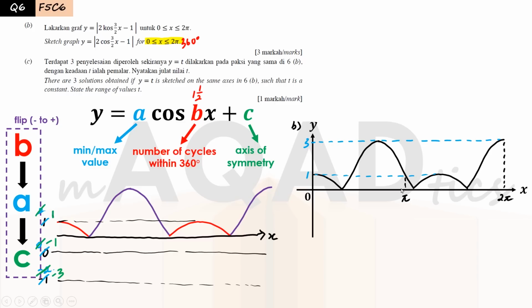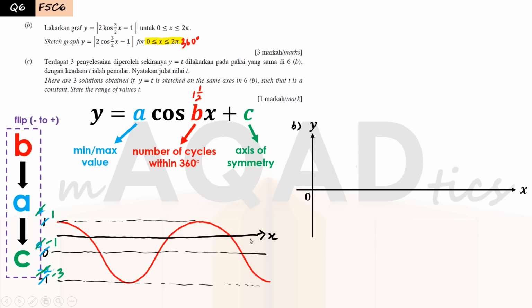But for pi, how do we know it is here? Why isn't it here and why isn't it on the other side? So let us go back and look at the original graph, which is this one. Here we have drawn 1.5 cycles of the cosine graph, right? So I'm going to split this graph into 3 parts.